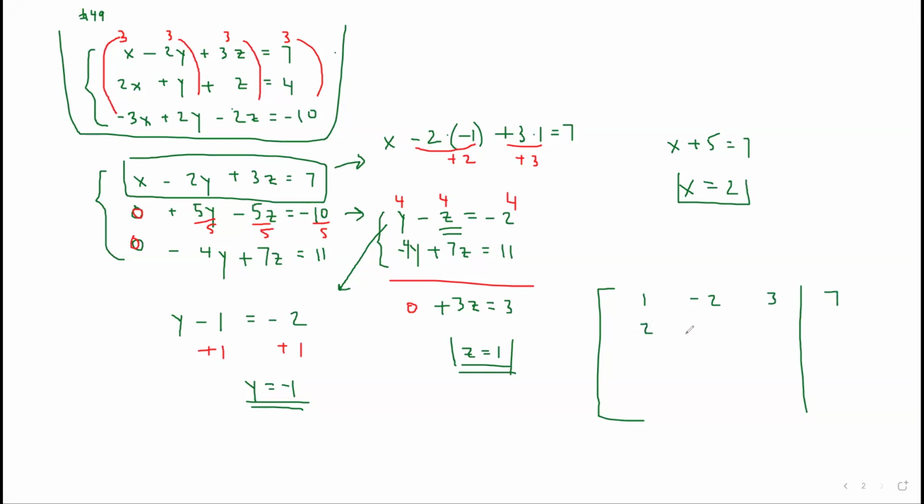Second will be 2, 1, 1, and that's 4. And finally, the third equation is -3 and 2, and -2 is equal to -10. So this is our, they say, augmented matrix because it has this equal signs that the right side.